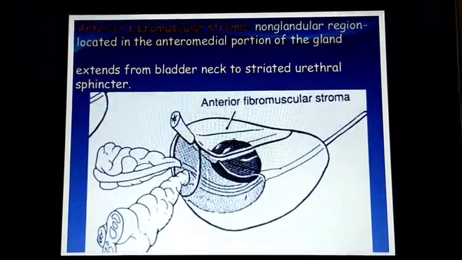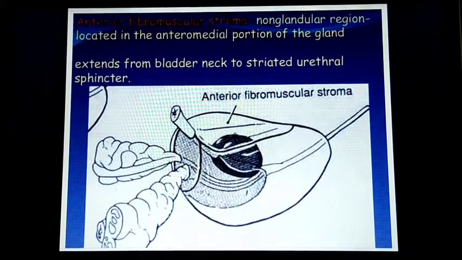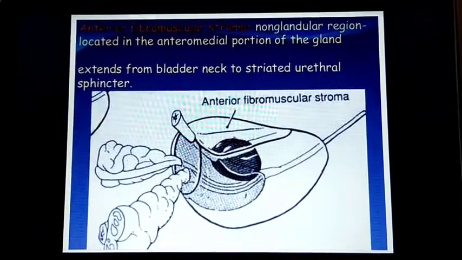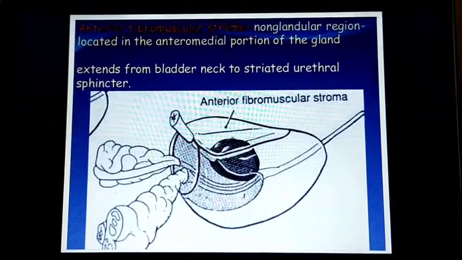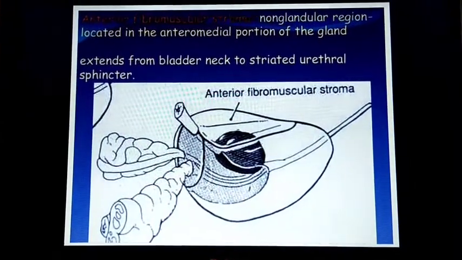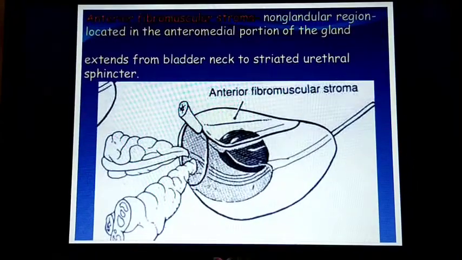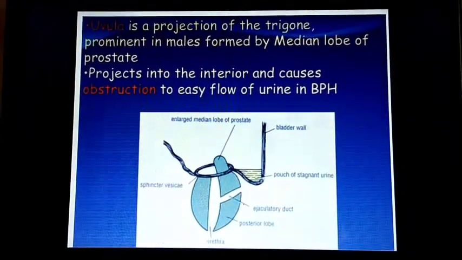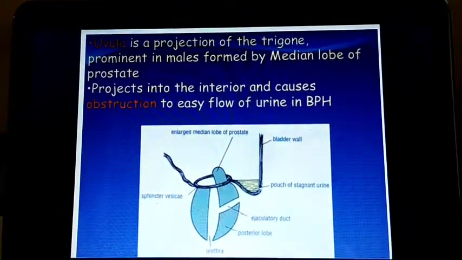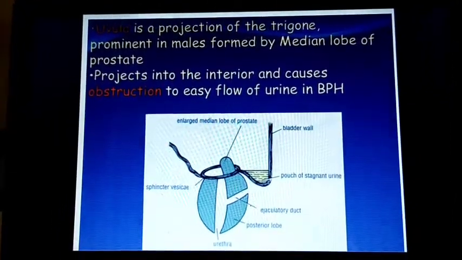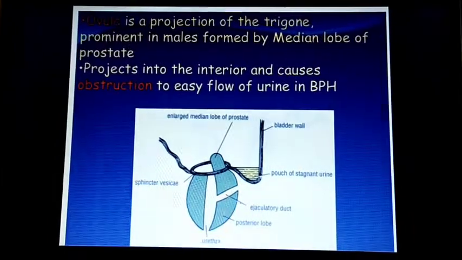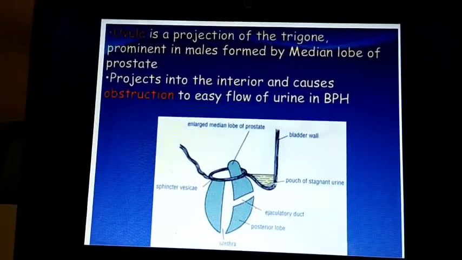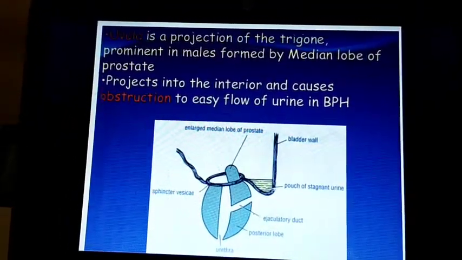This is a non-glandular region located in the anteromedial portion of the gland, extending from the bladder neck to the striated urethral sphincter. Then the uvula; I already explained what the uvula is during the anatomy of the bladder. The uvula is formed because of the prostate.